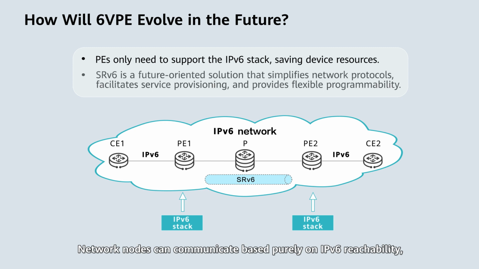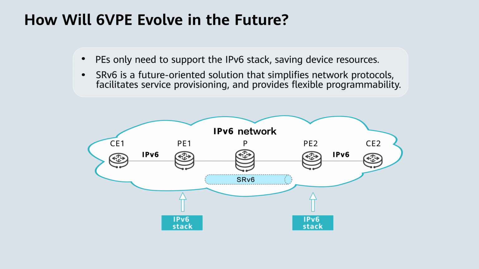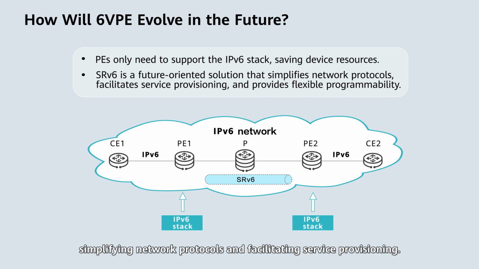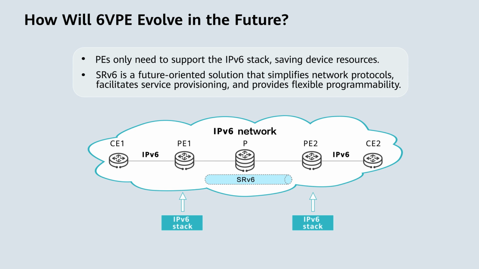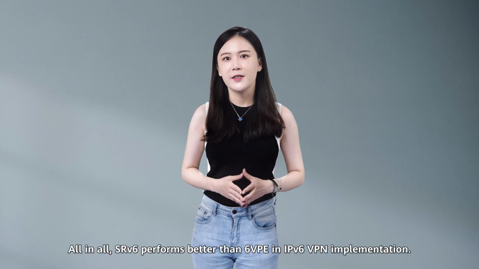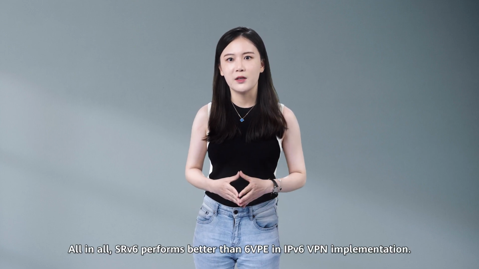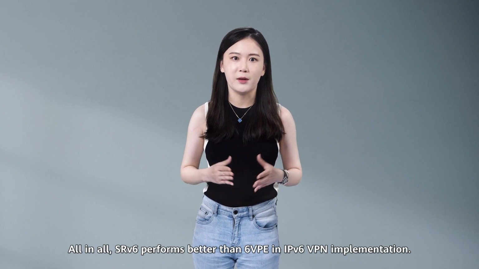Network nodes can communicate based purely on IPv6 reachability, simplifying network protocols and facilitating service provisioning. In addition, SRv6 provides flexible programmability to meet different SLA requirements of services. All in all, SRv6 performs better than 6VPE in IPv6 VPN implementation.